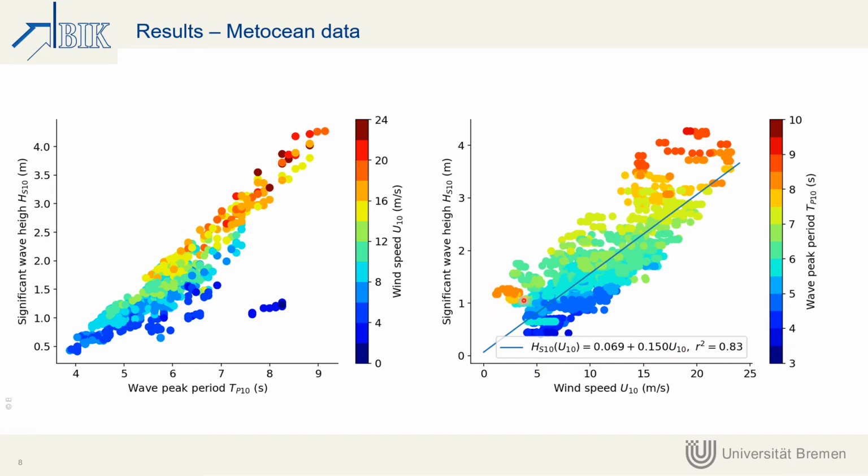The orange data points with a wave peak period of around 8 occurred at wind speeds of less than 5 meters per second, clearly corresponding to the characteristics of swell waves. A linear function was fitted to the data to give an overview of the almost linear relationship between wind speed and significant wave height. The maximum significant wave height observed was 4.5 meters with wind speeds just below 25 meters per second.